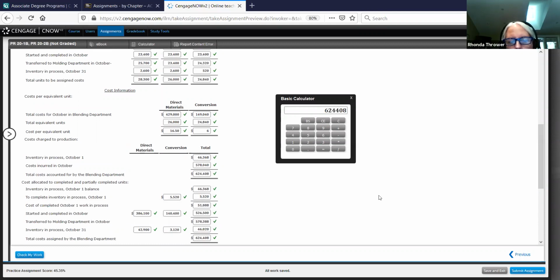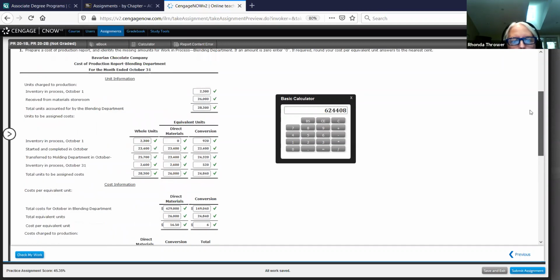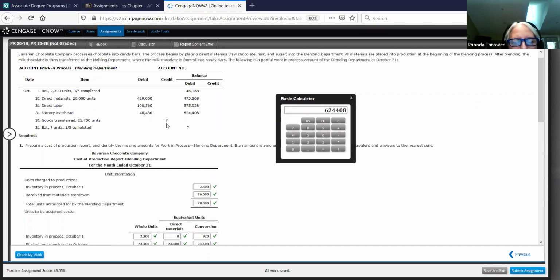Another thing that I think is important is these transferred costs right here. That 578,388 is what would be entered into the credit right here that they've got a question mark for. The total cost of the goods transferred goes in here.